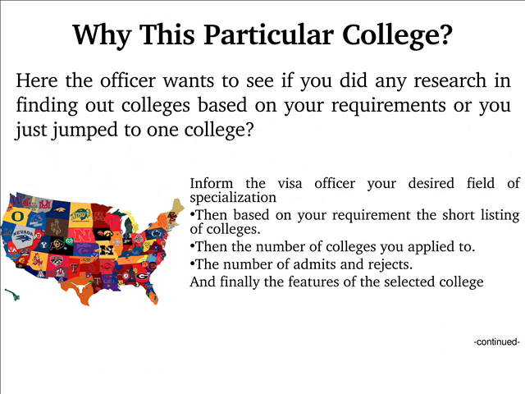When the officer asks why this particular college, he wants to see if you've done research in finding colleges based on your requirements, or if you've just jumped to one college. In essence, you have to inform the visa officer of your desired fields of specialization and requirements, and how those universities match them or fulfill your education aspirations.